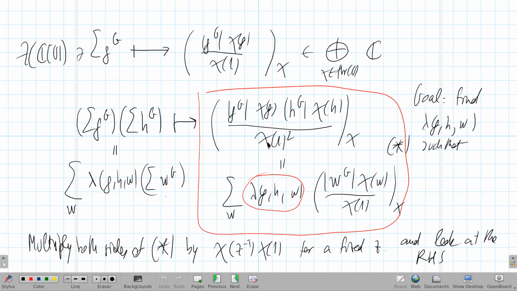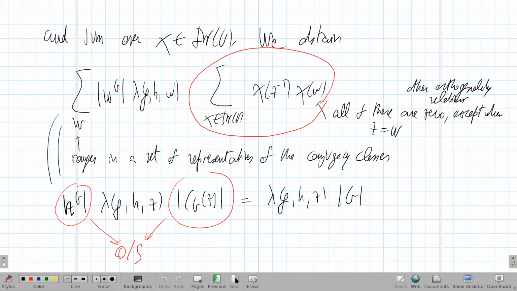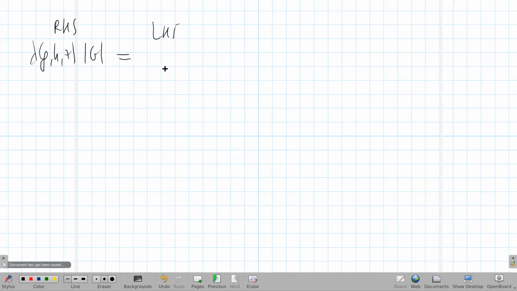Then we have to sum over the characters, as we did on the right-hand side. So the right-hand side is lambda of Z times the order of G. Now let's look at the left-hand side. This will be the sum over the irreducible characters of what we had on the other side.